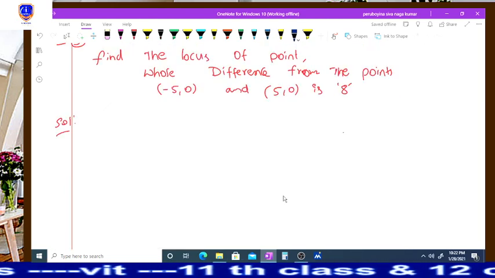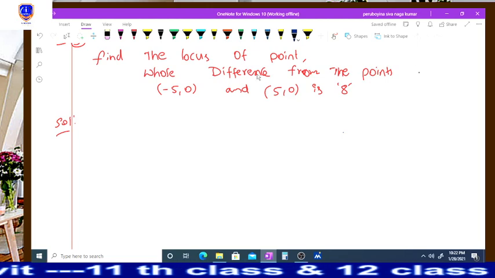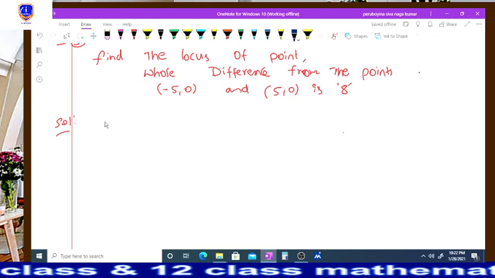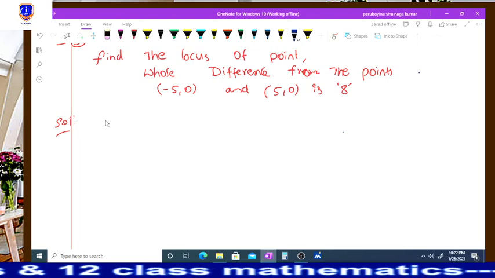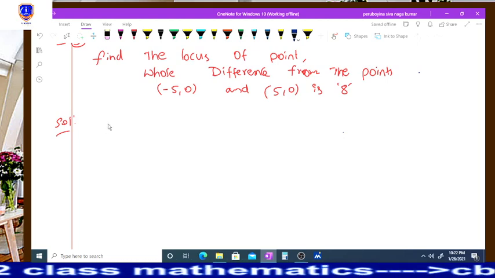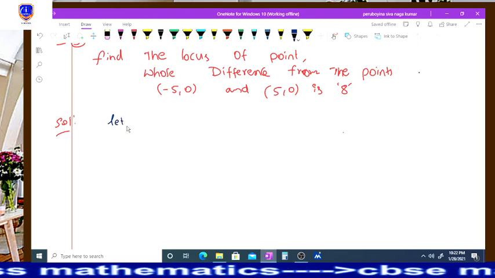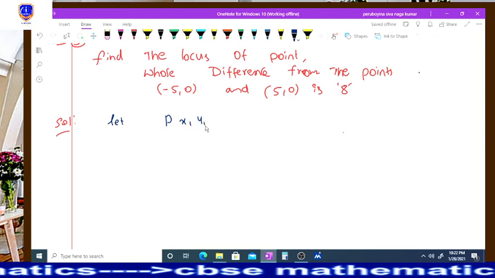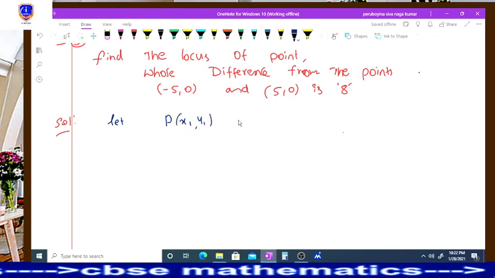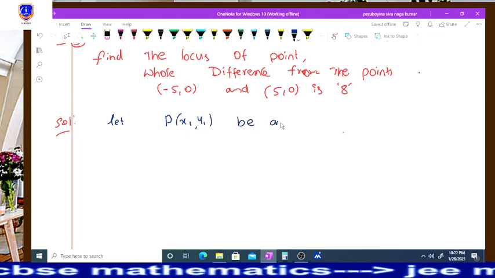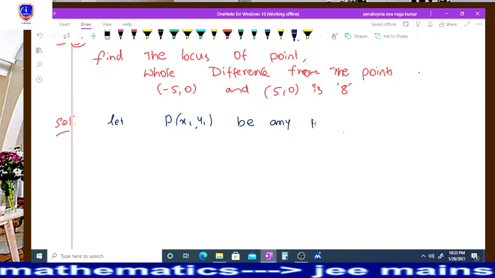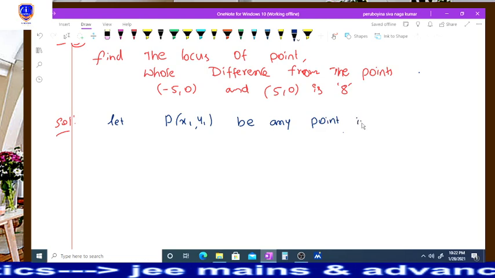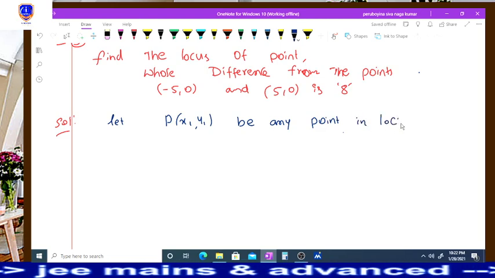Now, first of all, we have to write the starting steps for this topic, which is: let P of x1, y1 be any point in locus. Fine.